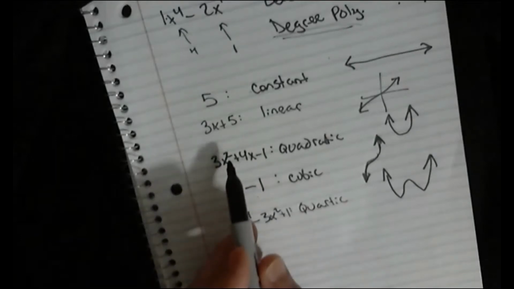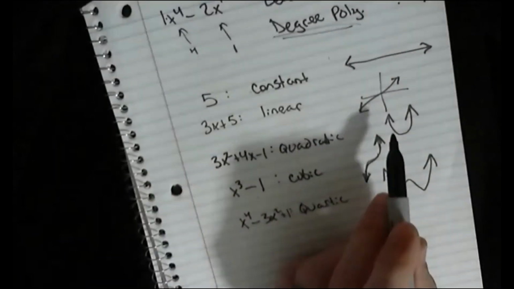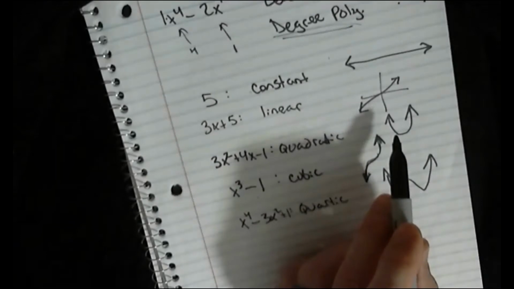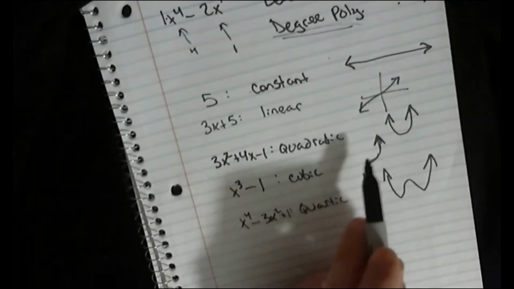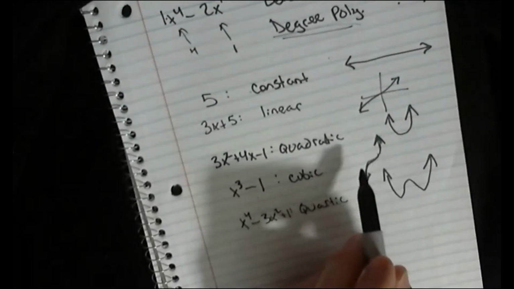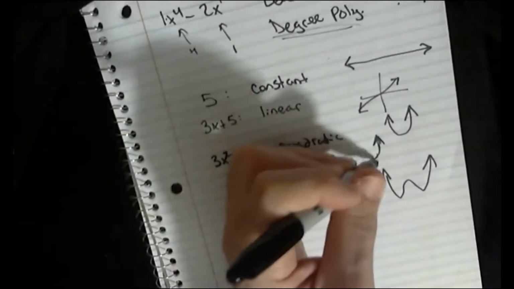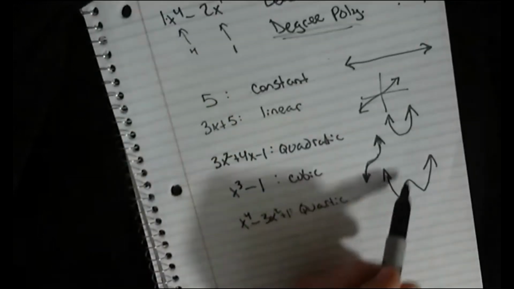Again, an x to the second power is a quadratic. It makes a parabola. X to the third power is a cubic function. So similar to a parabola, but this one goes down compared to this one going up. Okay, next, x to the fourth power is a quartic function. It ends up graphing kind of like a W.